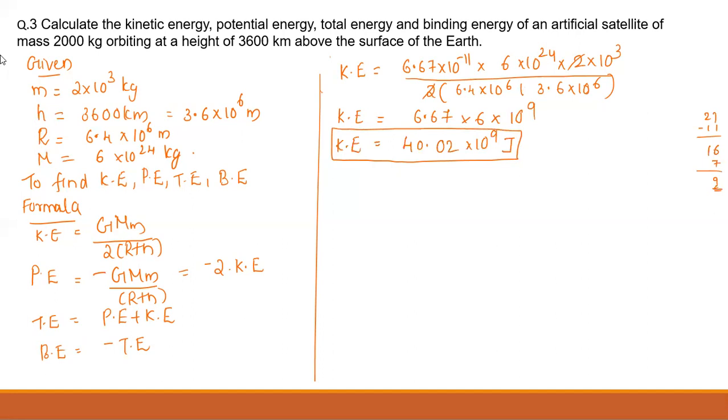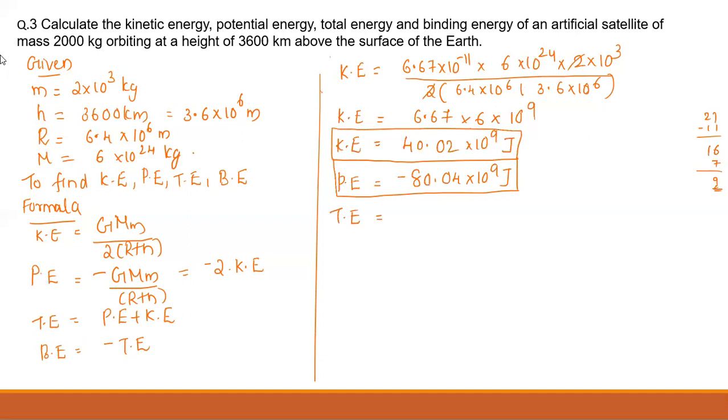Now, next is potential energy. I told you, if you multiply kinetic energy with -2, you will get the potential energy. So -2 into 40.02 is -80.04 into 10 raised to 9 joule. This is the value of potential energy. Now next we want to find out total energy.